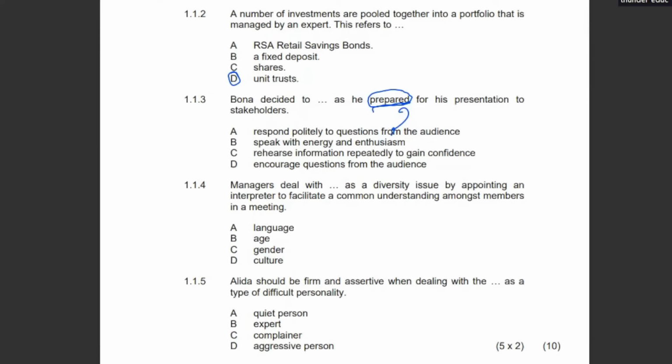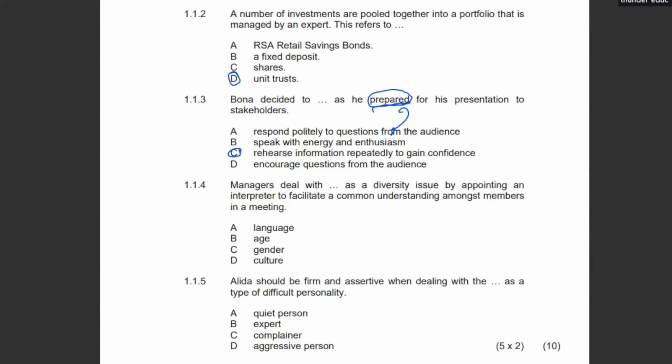And after the preparation, you should make sure that you also rehearse what you have gathered as information or data. So meaning the correct answer for this 1.1.3, we have C as the correct answer.